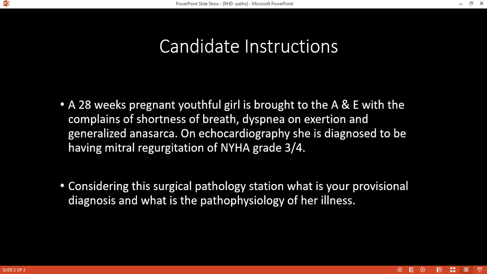Would you be able to tell me the pathophysiology of rheumatic heart disease? How does the disease process begin and propagate?